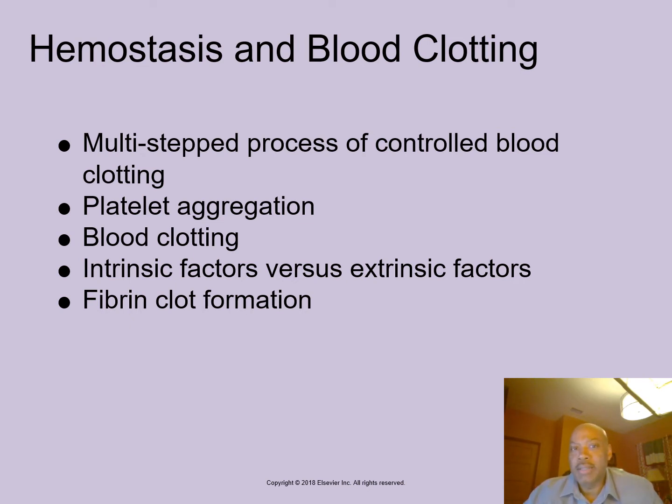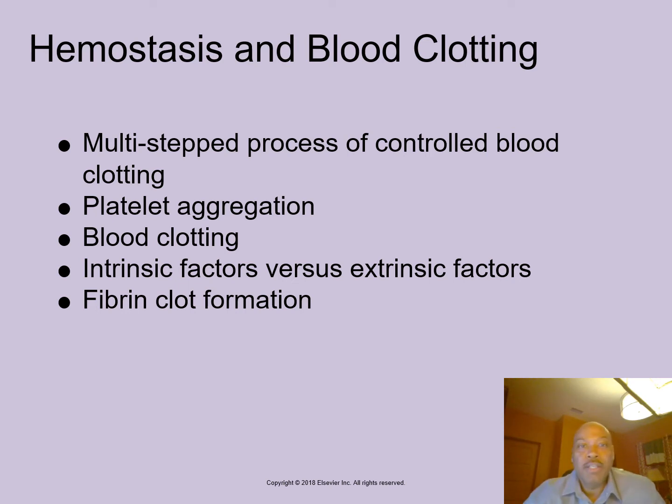Other processes such as inflammation, bacterial toxins, or foreign proteins can also activate platelets, is what I meant to say. Now, the intrinsic and the extrinsic factors both result in a fibrin clot and local blood clotting. Ultimately, that's the outcome that we do want.